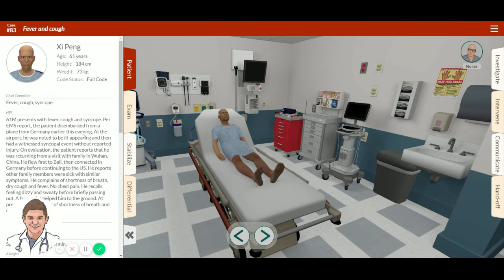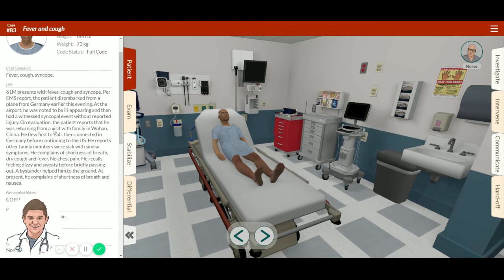And per the EMS report, which we already read, the patient was coming from the airport. He traveled from Germany and landed this evening. At the airport, he was noted to be ill appearing and then had a brief syncopal event where he was lowered to the ground without injury.